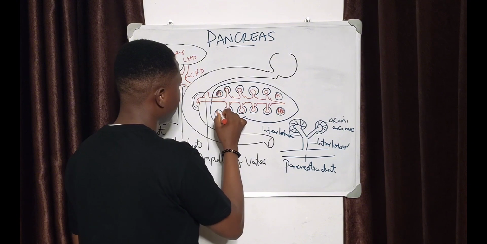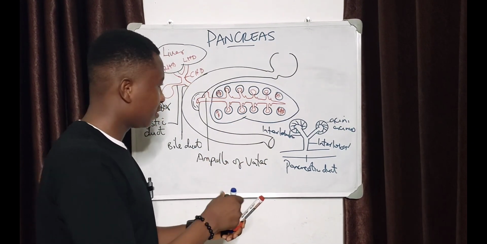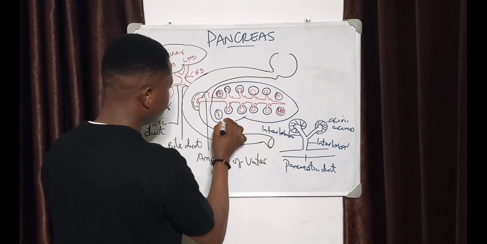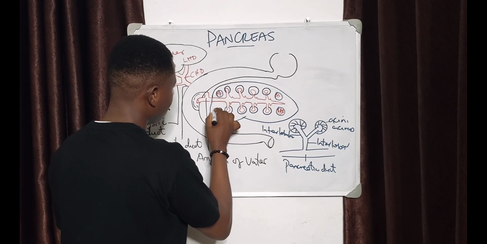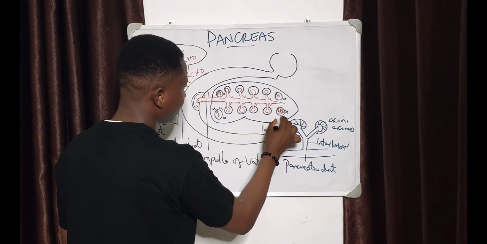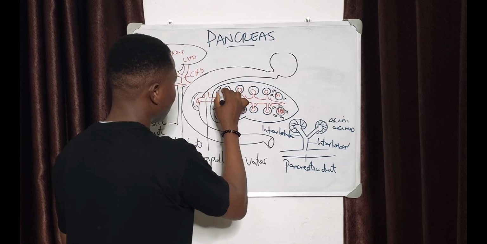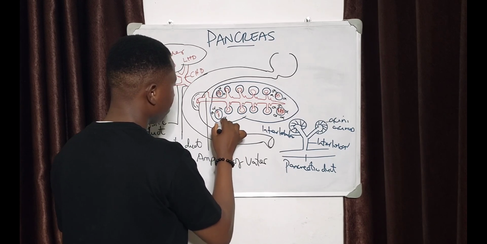Then around them, you have the alpha cells. So you have both the alpha and the beta type of cell.